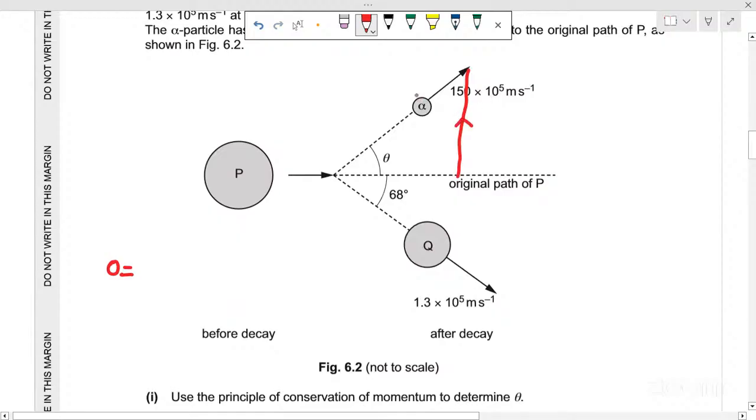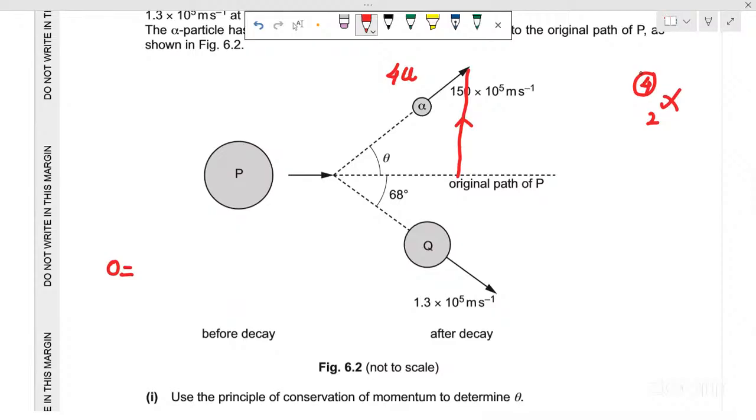I am using the conservation of momentum, and the momentum of P along the y direction is 0 before, and the momentum of this particle has a vertical component, which is, you can easily see, the mass of alpha. How would you find the mass of alpha particle? You know that alpha has 2 protons and the nucleon number is 4. So the mass of alpha is 4 times the unified atomic mass unit. The value of u can be obtained from the first page of your paper. So the mass of any nucleus is equal to the nucleon number times the unified atomic mass unit, whose value I will mention later.